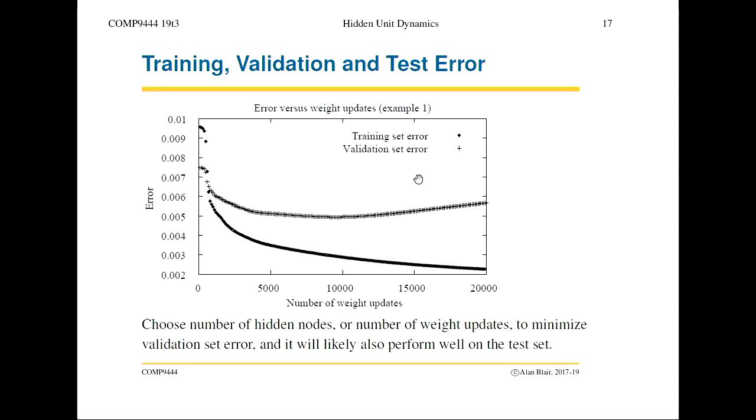But the other thing I wanted to say, I didn't draw a separate graph of this, but the x-axis here shows the number of training cycles, but we could make a graph where the x-axis shows the number of hidden nodes.